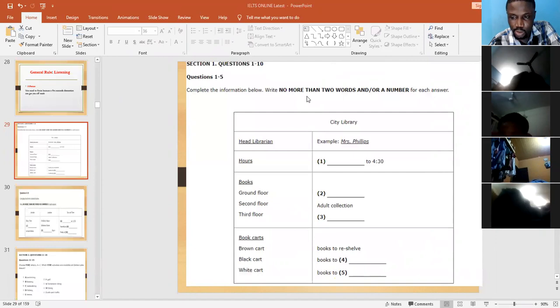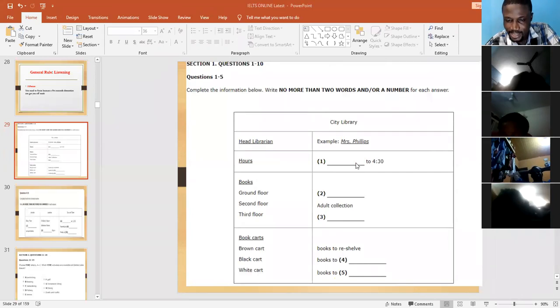The audio will tell you that in this section you'll be answering questions 1 to 5. Read and understand the instruction, the topic, and the question layout, the way the questions are arranged and what to expect.